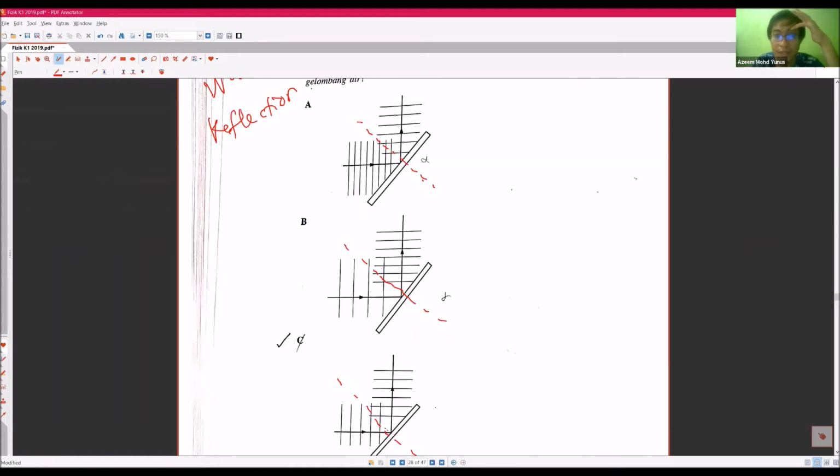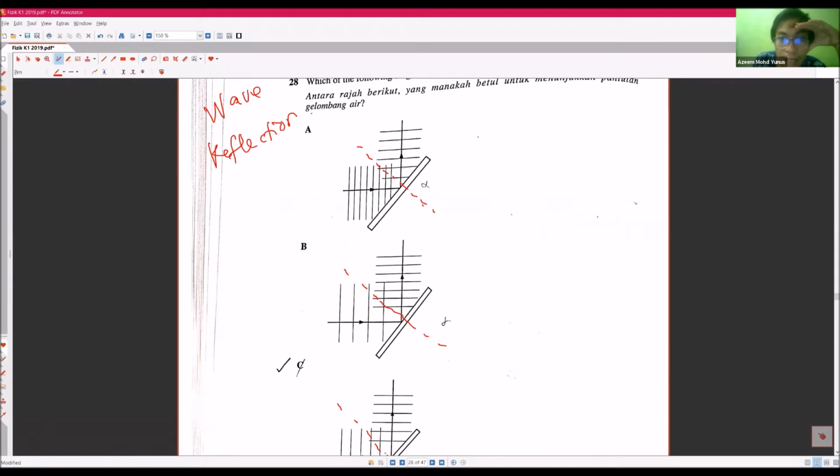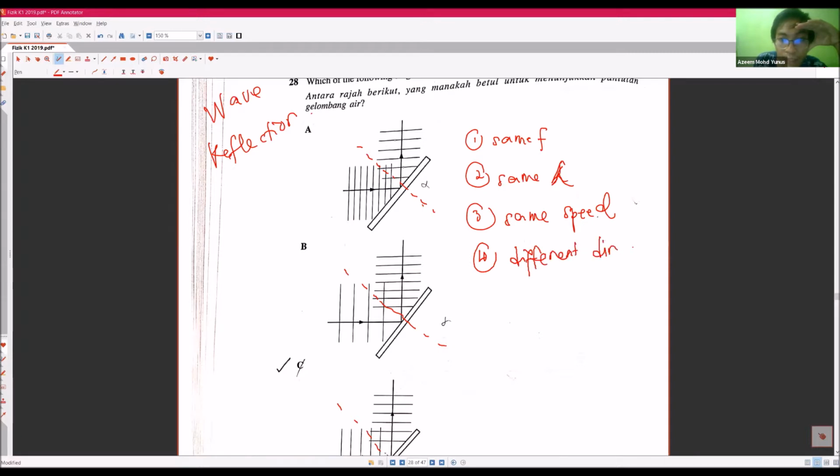So what are the differences? The first characteristic is the same frequency, second, the same wavelength, and third, the same speed, but different direction of propagation. So this is the characteristic of a reflected wave.